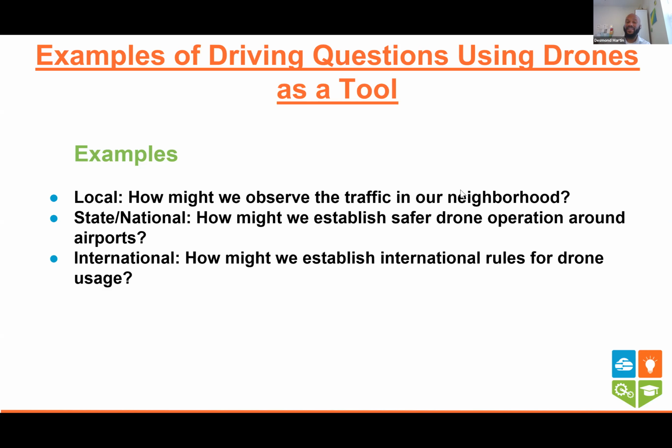We might be adding devices that make our drones more visible. Internationally, how might we establish international rules for drone usage? It becomes an amazing research opportunity for our students and ways to explore well beyond what they understand about technology in their own context. Project-based learning becomes really, really super powerful in that way.